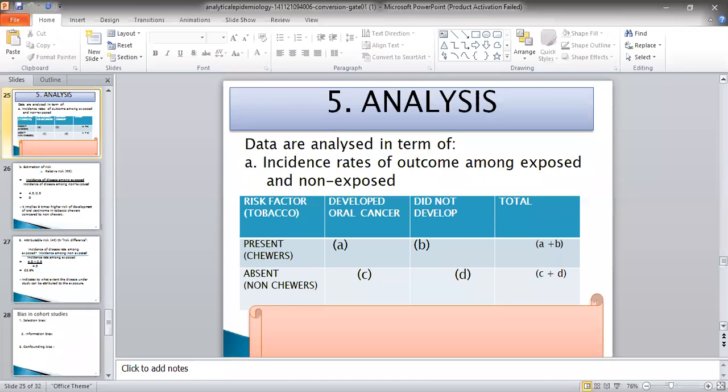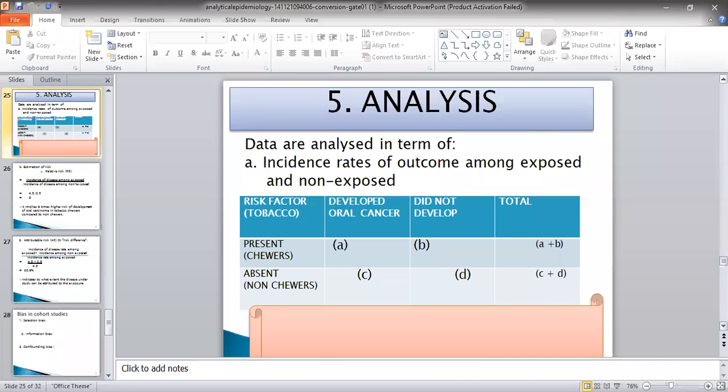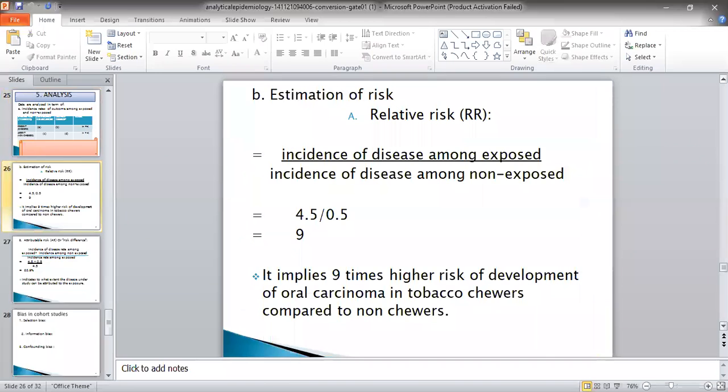We will make the formulas A plus B, C plus D. Okay, so the incidence rate will be calculated as the incidence rate of outcome among the exposed and the incidence rate of outcome among the non-exposed. The formula will be A divided by A plus B, or C divided by C plus D. This is the formula of incidence.